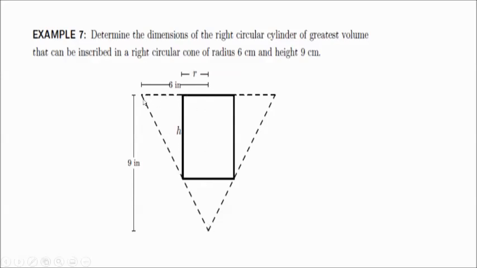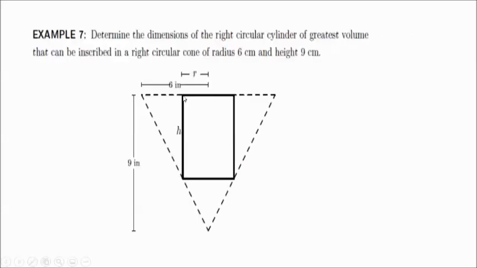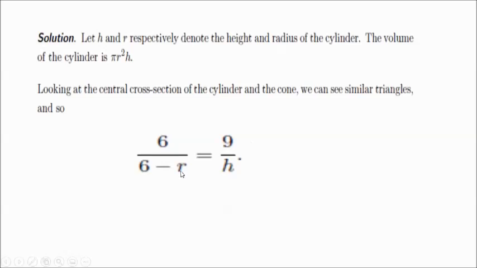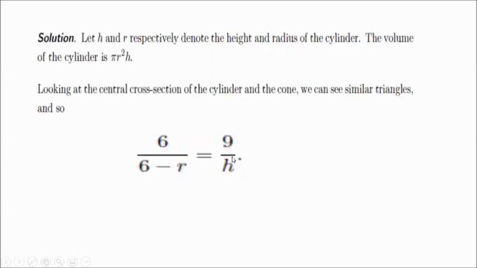They are similar. So the side here is 6. How about this one? That is 6 minus this, right? Minus r. So 6 minus r here. The height, this is 9, and then the unknown height. So over h. Okay?